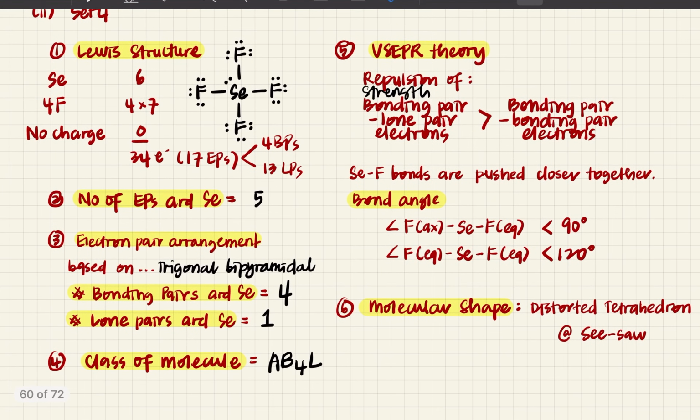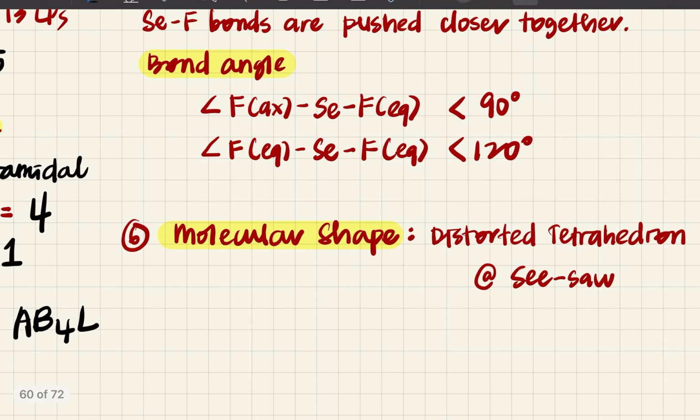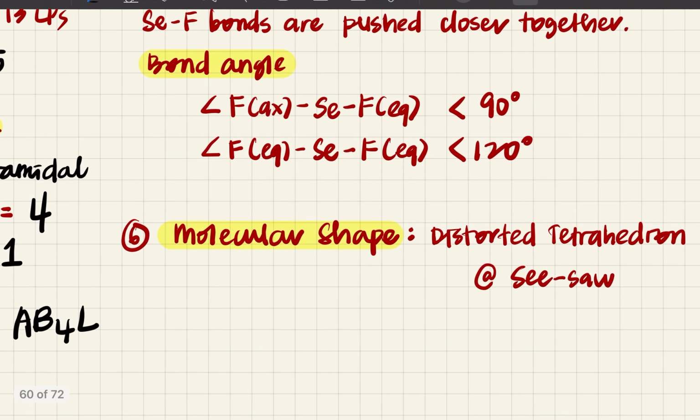So how does that look in your molecule? Let me show you how we draw our molecular shape. If you forget or you are blur, you start off with your electron pair arrangement. It is based on trigonal bipyramidal, so you start with drawing trigonal bipyramidal. We have the central atom, selenium. For trigonal bipyramidal, we have axial and equatorial positions.